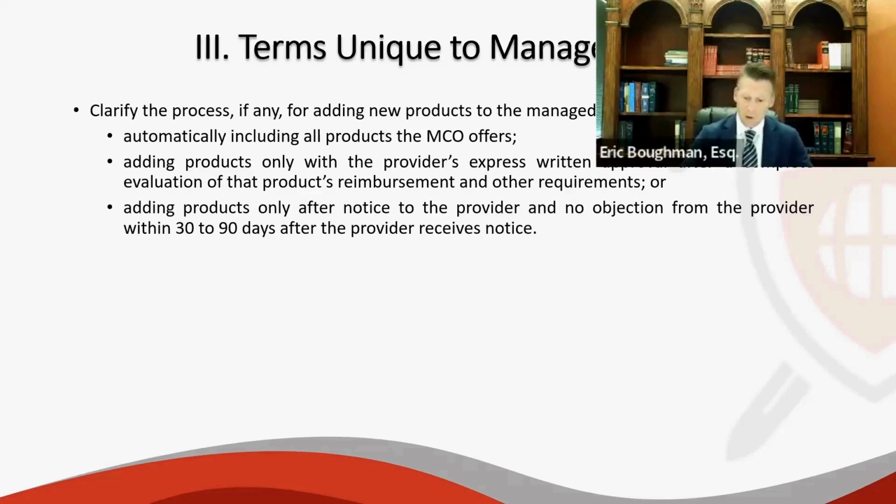If there's going to be a change in products, services, offerings, pricing, or procedures, you want the MCO to have to give you written notice, as we talked about before, so you have an opportunity to review what those changes are and decide, is this going to be acceptable, or do I want the ability to negotiate perhaps a different rate structure? Are there other concerns that I have?